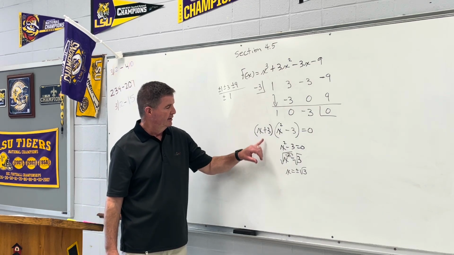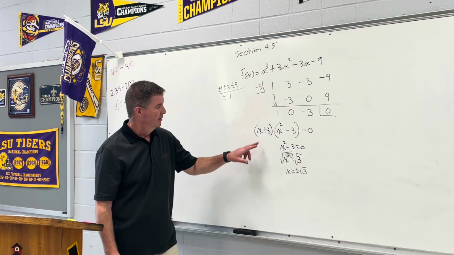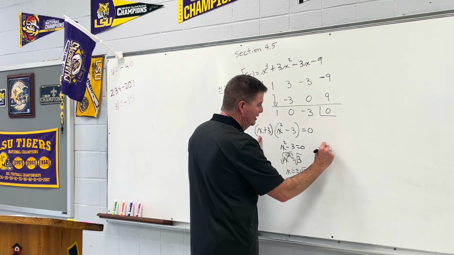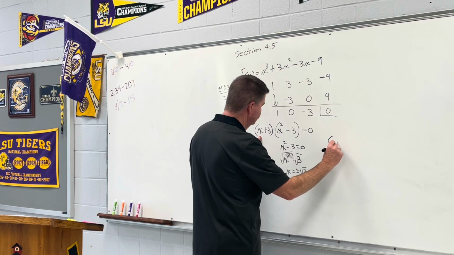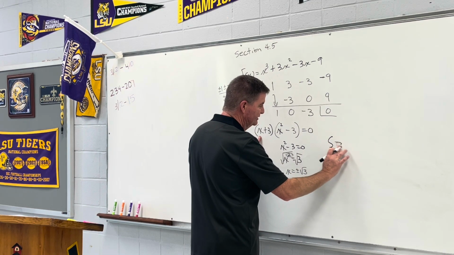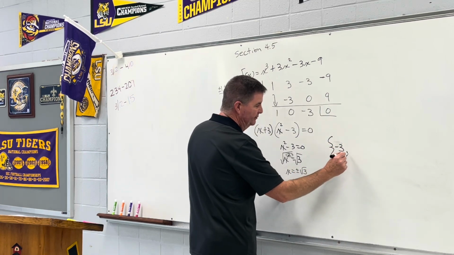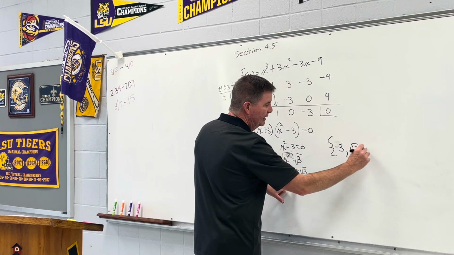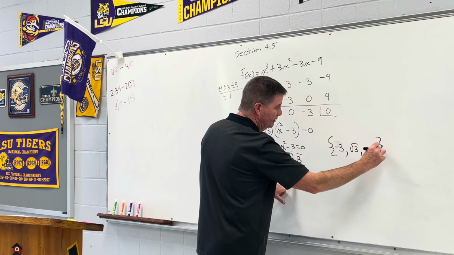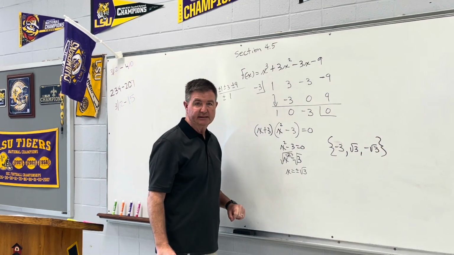This now is my answers. X equals negative 3, because that's the first one that we found, which was the one here. And then we have square root of 3 and negative square root of 3, both plus and minus.